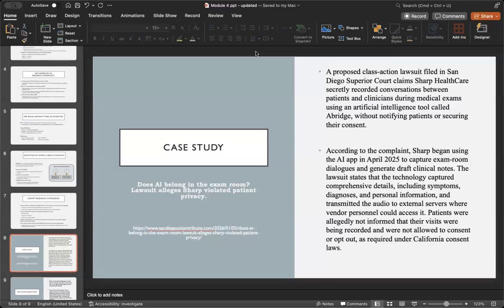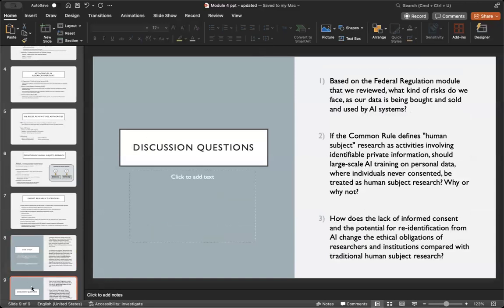So patients were allegedly never informed that their visits were being recorded, and were never allowed to consent or opt out, as all of this is required under California consent laws. So with that being said, let's go to the next slide.